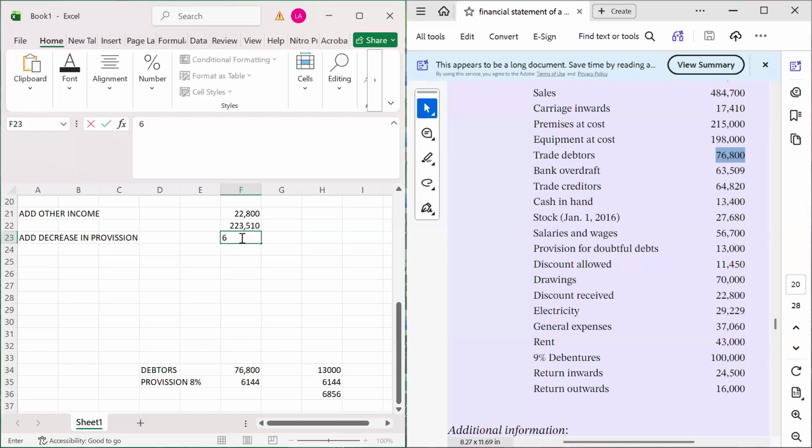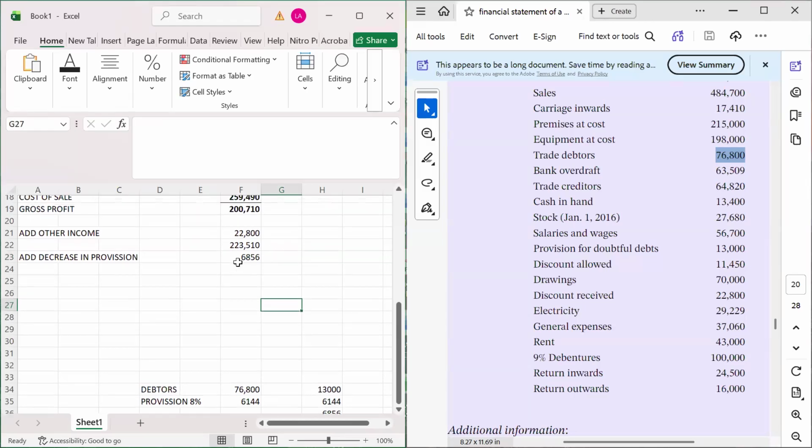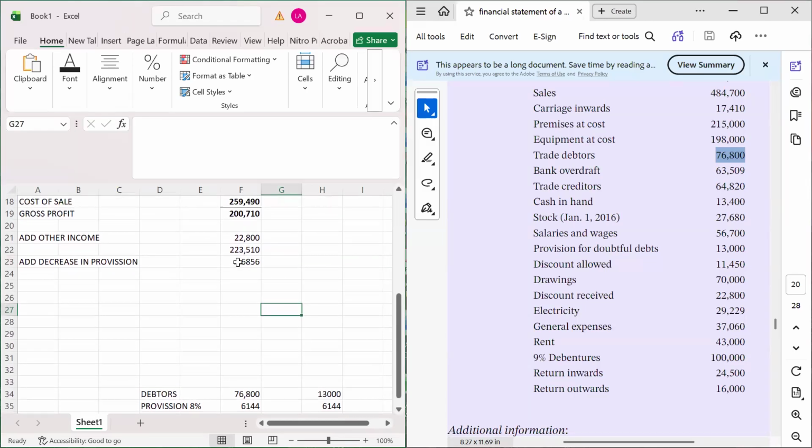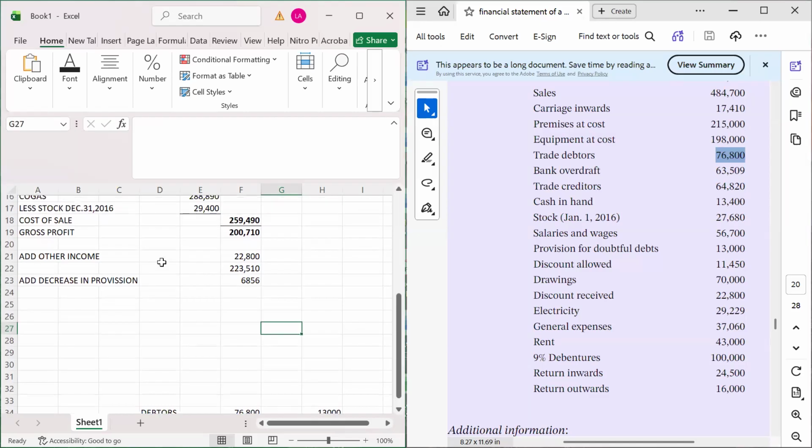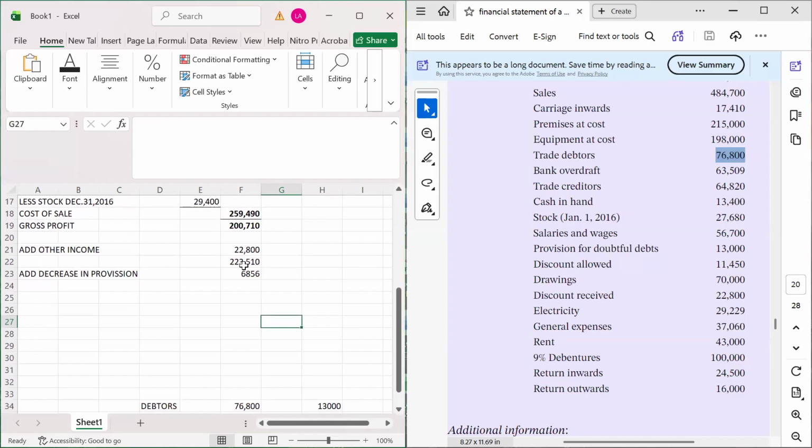And that is 6856. You get it? Okay, so we need to have added it before we make the total.